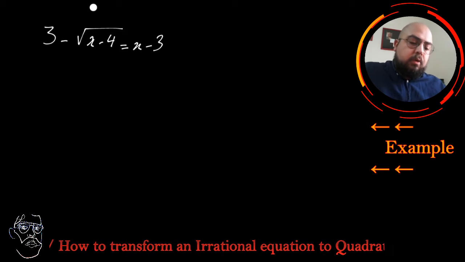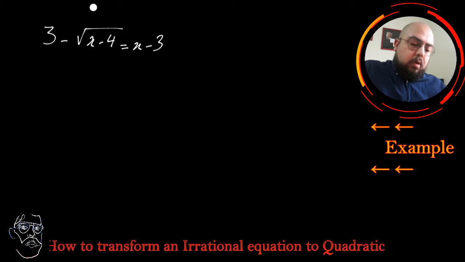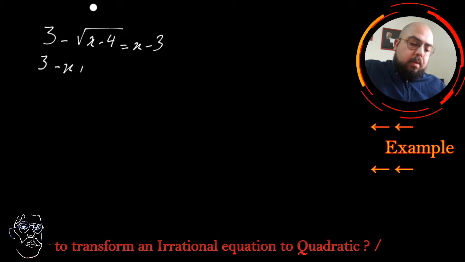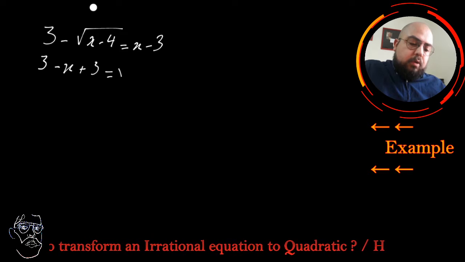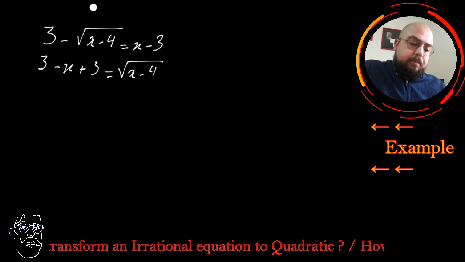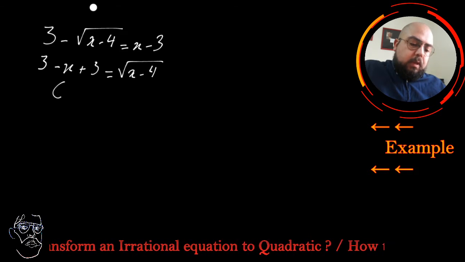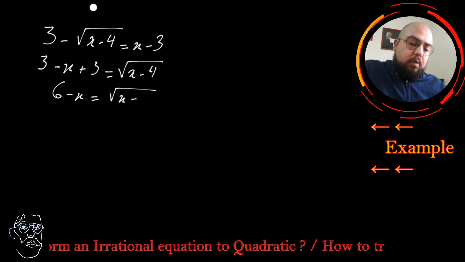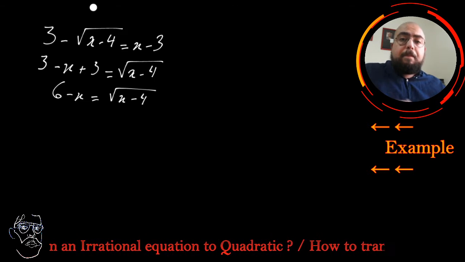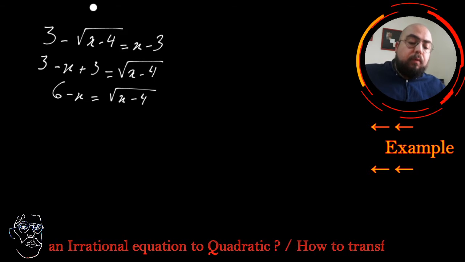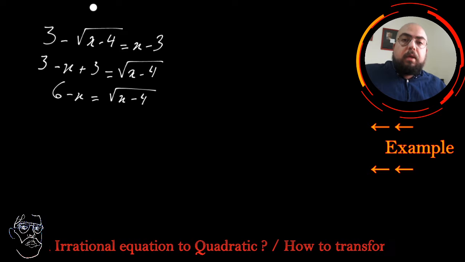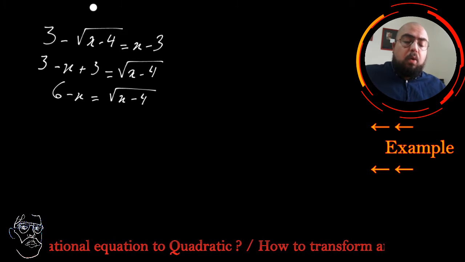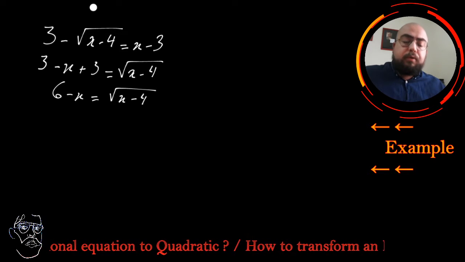In this case, you should first arrange and write it as 3 minus x plus 3 is equal to the square root of x minus 4, which means 6 minus x is equal to the square root of x minus 4. Now, what should I do in order to remove the radical, the square root? I should take this whole equation to the power of 2.